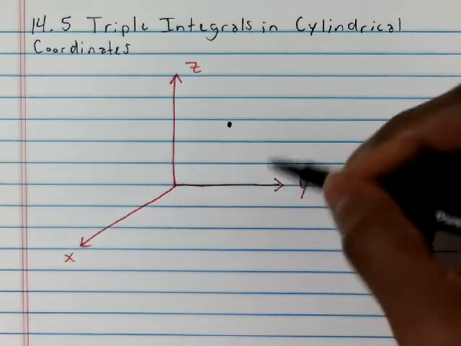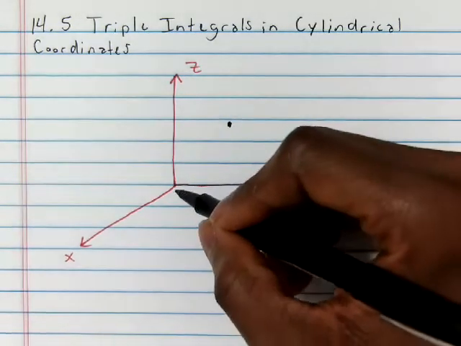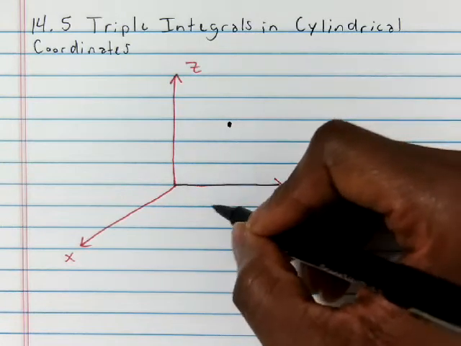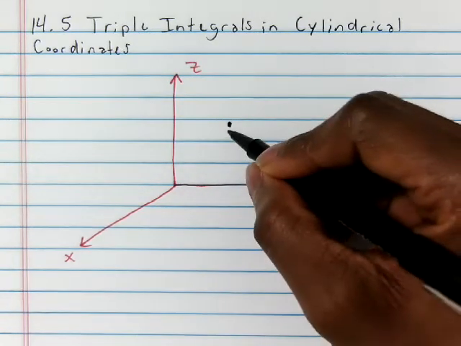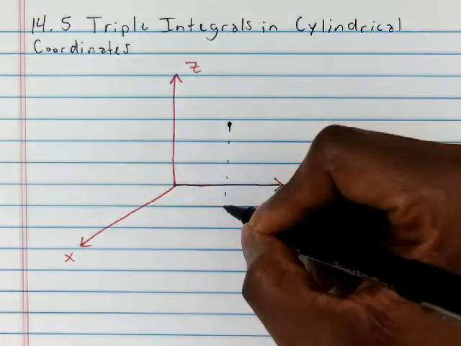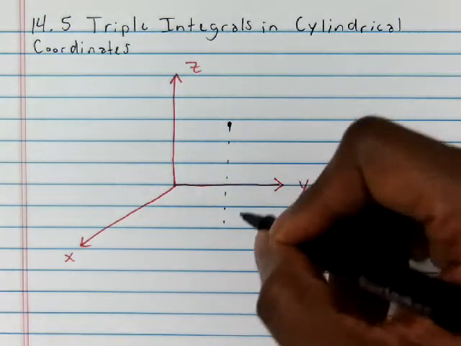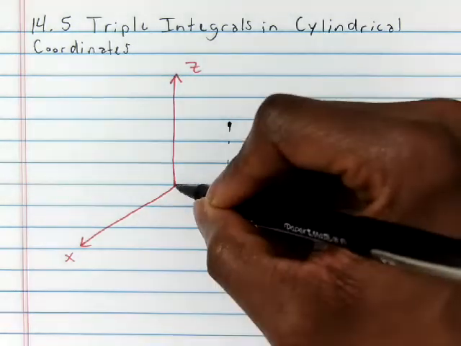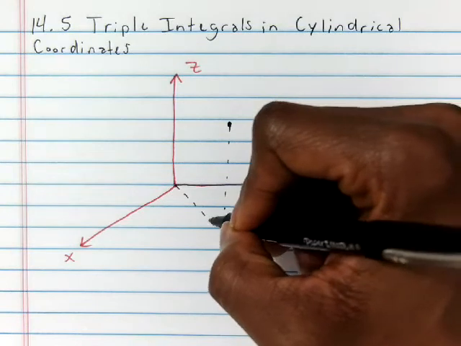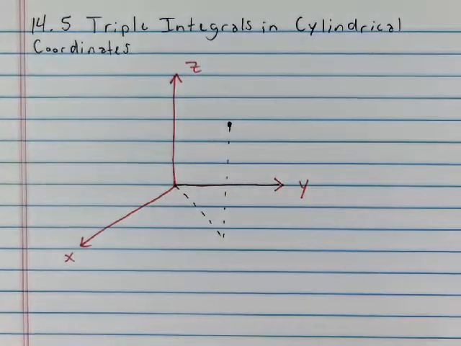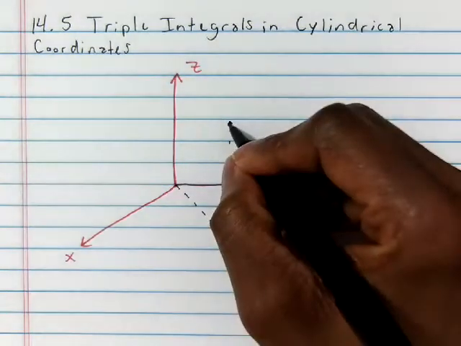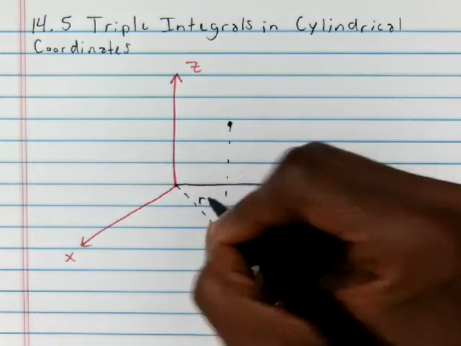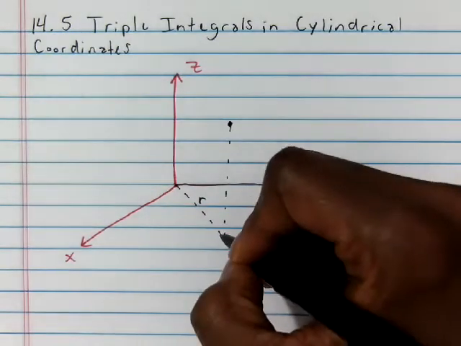So for this point right here, for instance, we'll say, okay, well, how far out from the origin is this? And we'll put a dotted line coming down here, and then a dotted line from the origin to right there. So this distance, how far out from the origin in the xy plane, that distance is r.